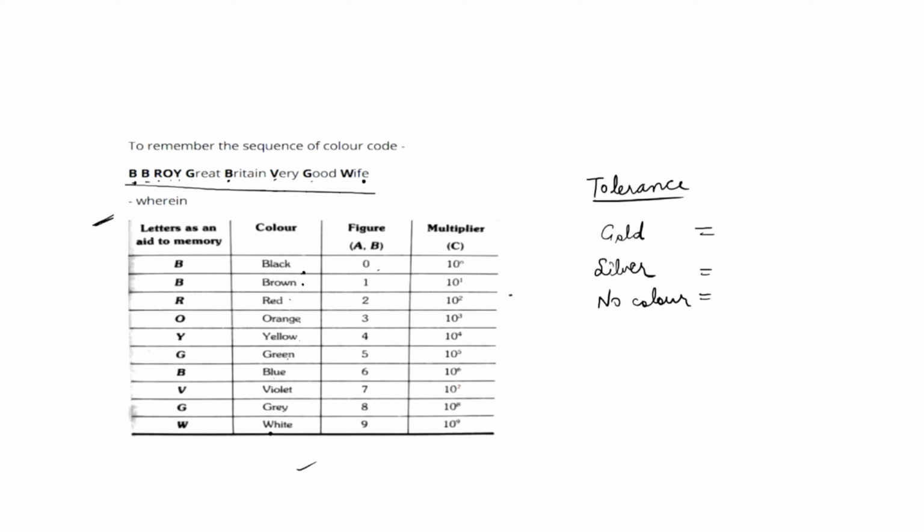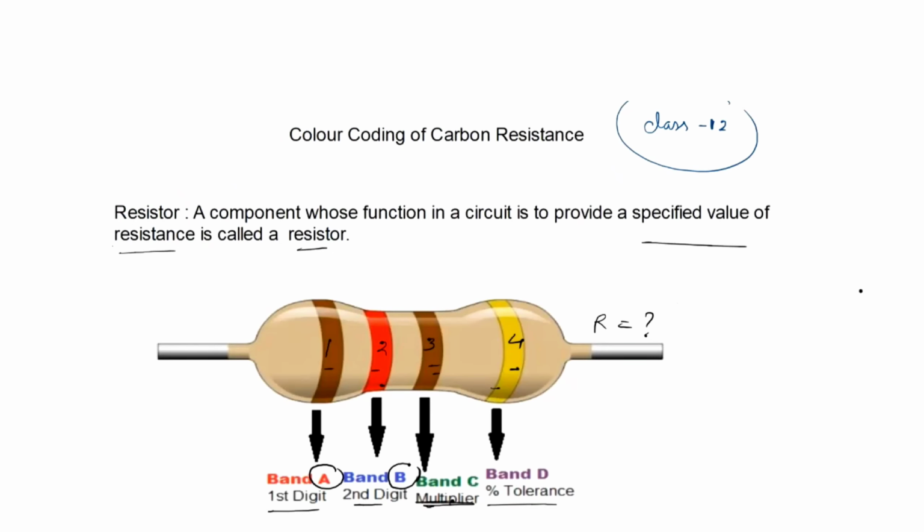You just need to remember the mnemonic, write the specific color names, figures A and B from 0 to 9, and multipliers 10 raised to the power 0, 1, 2, 3, 4, and so on up to 9. And I told you earlier that the fourth band, band D, represents tolerance, the uncertainty in your measurement.